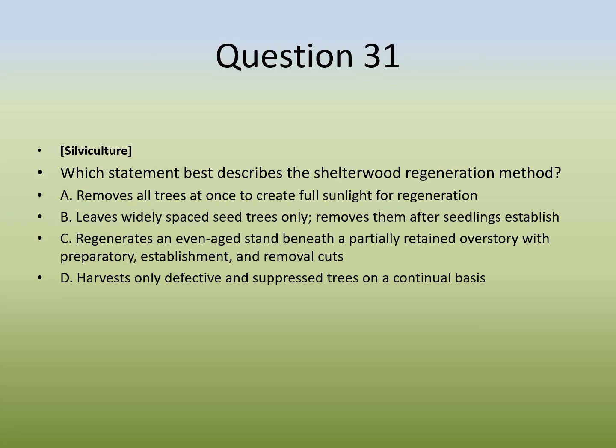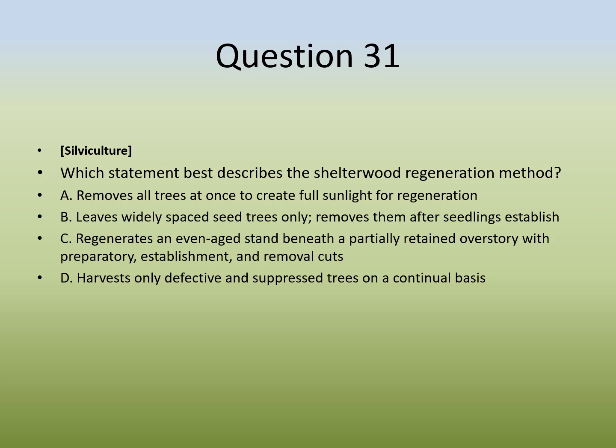Question 31. Which statement best describes the shelterwood regeneration method? A, removes all trees at once to create full sunlight for regeneration. B, leaves widely spaced seed trees only, removing them after seedlings establish.